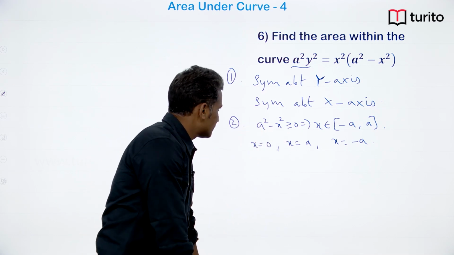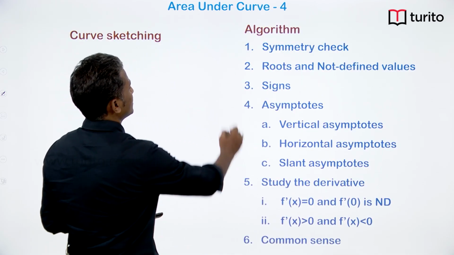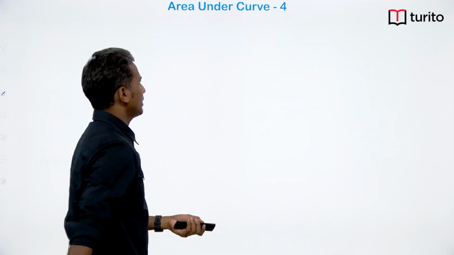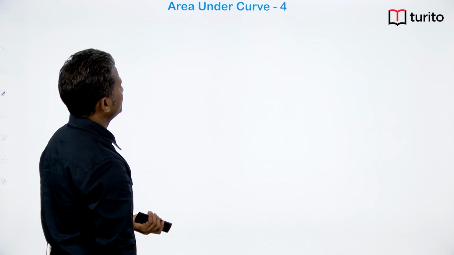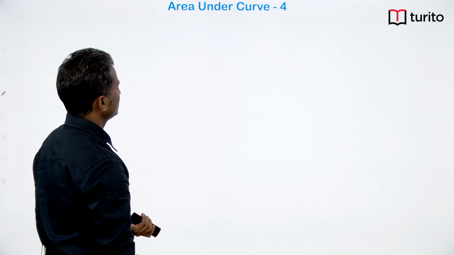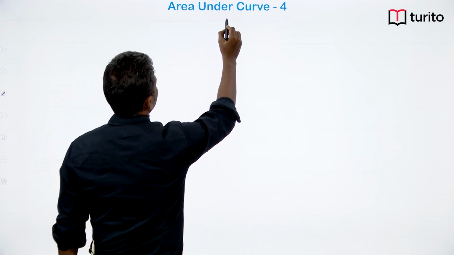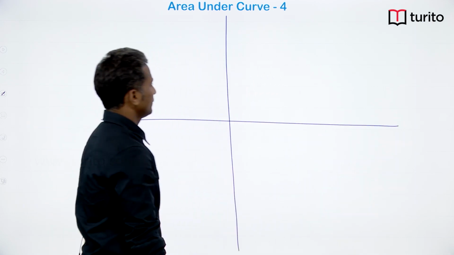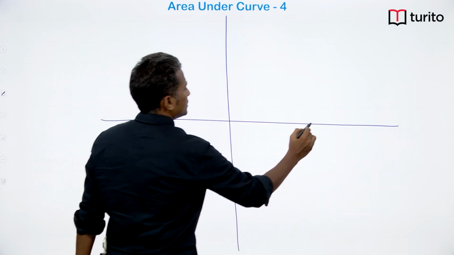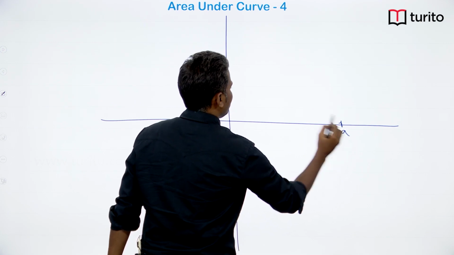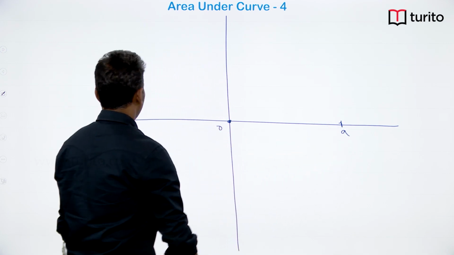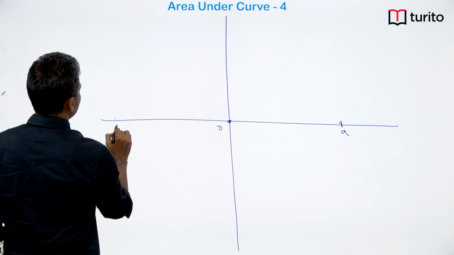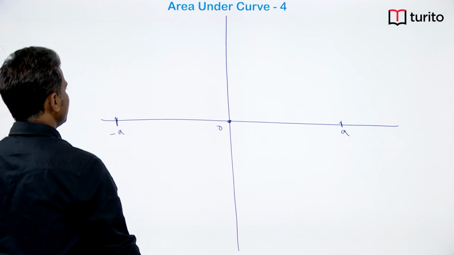Okay. So, basically these are our checkpoints. So, we are still standing here. Let me take the graph here only. So, this is my a, this is the 0 and this is, let us say, minus a. Okay.